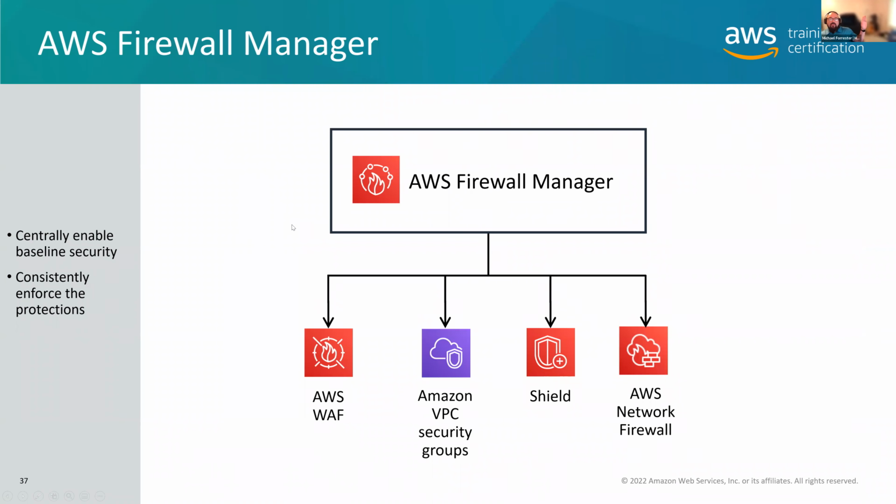And then in addition to Shield, which acts as a distributed denial of service protection layer, in addition to WAF, which acts as an application firewall for web applications only, you can manage all this with what's called a Firewall Manager. It does require your accounts to all be in an organization.